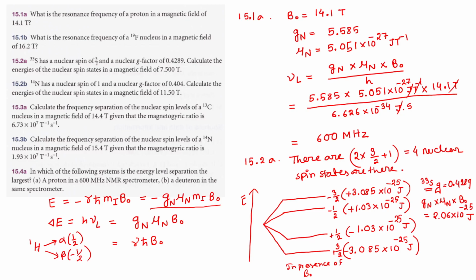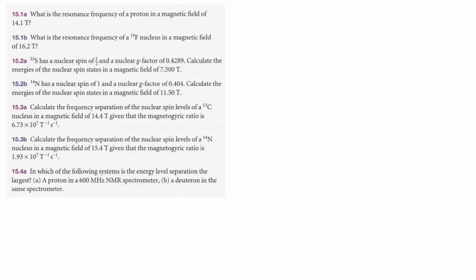Okay, now let us go to question number 15.3a. I have it on the next slide also. Calculate the frequency of separation of nuclear spin levels of a 13C nucleus in a magnetic field; the magnetogyric ratio is given.